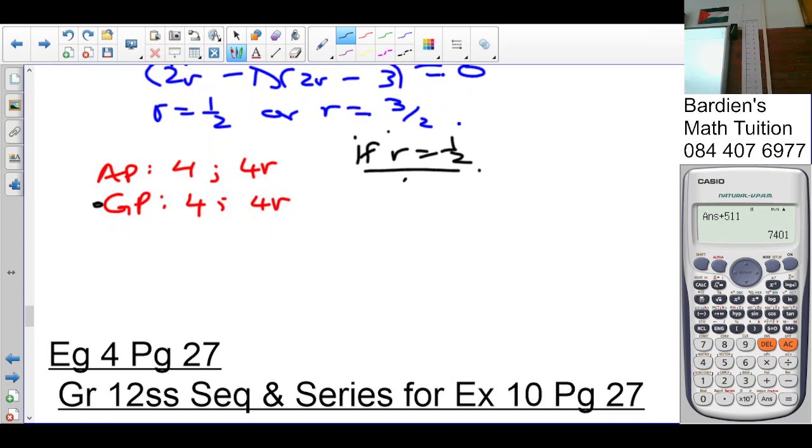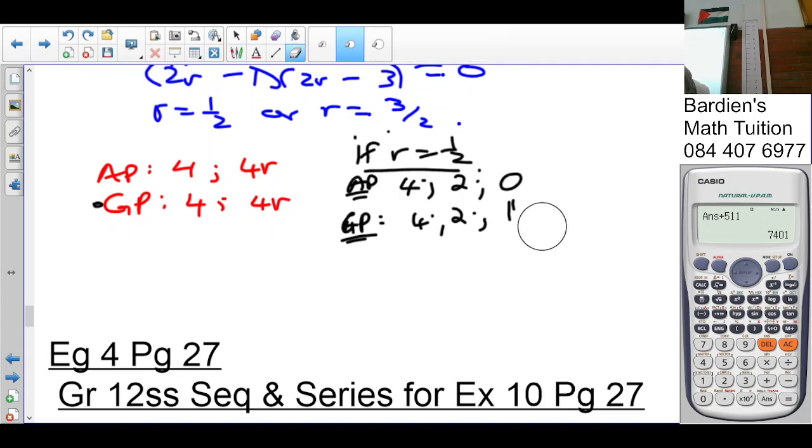Your AP, your arithmetic sequence, will be 4. 2 times a half, 4 times a half is 2. Then of course we're subtracting 2, which gives you 0. And for the GP, it's simply going to be 4, 2. Now I don't add from one to the next, I'm multiplying by a half there. That's my geometric sequence.